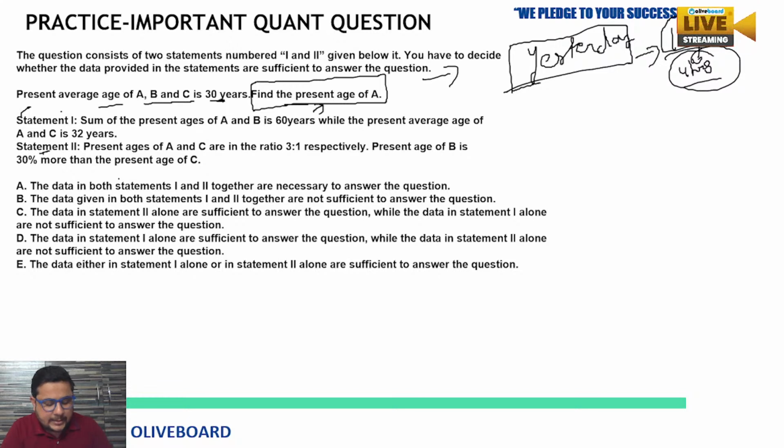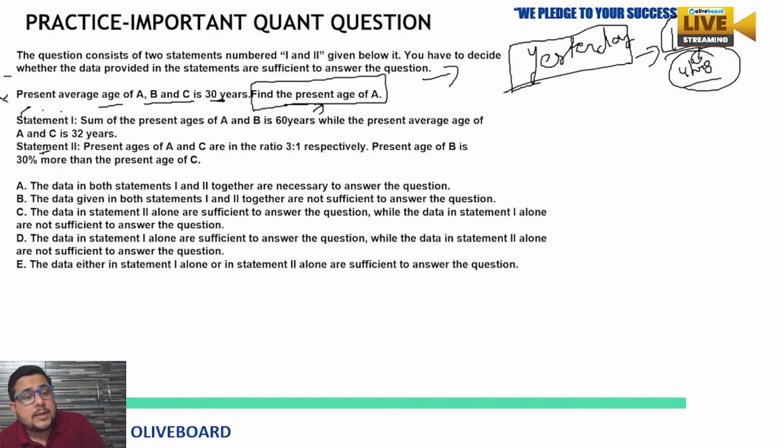Everyone, be active. Is this clear? So what about Satya and all? What answer are you getting, Trishna, for this question?